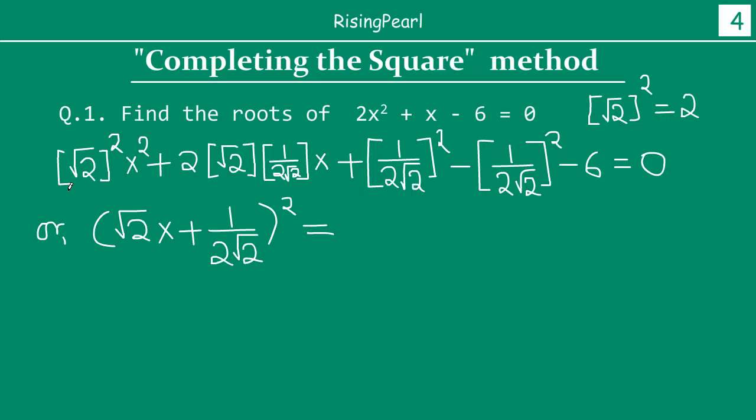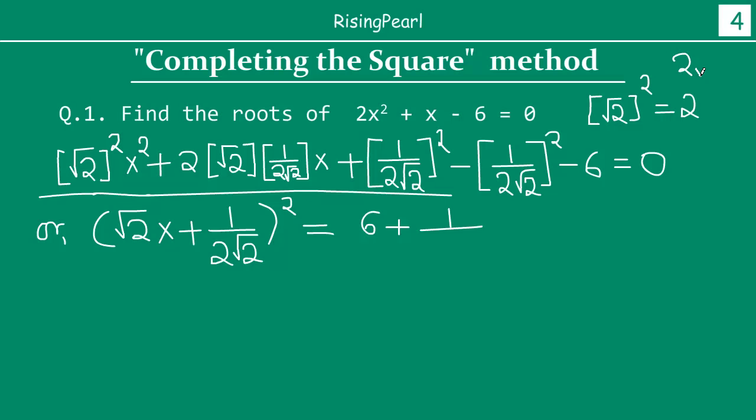Now, these three terms we have taken into consideration. These are the two terms which are left, so let's take them on the other side of the equality sign, on the right side. So we will have minus 6 become plus 6, plus this minus will become plus, 1 square is 1, divided by 2 square root 2 whole square.